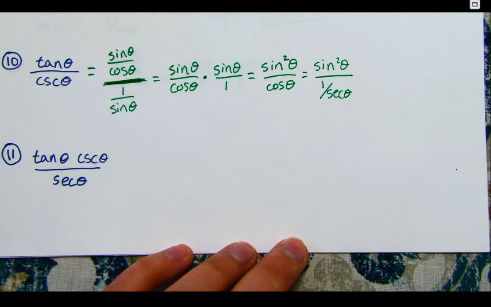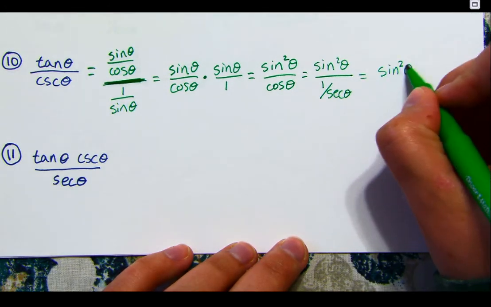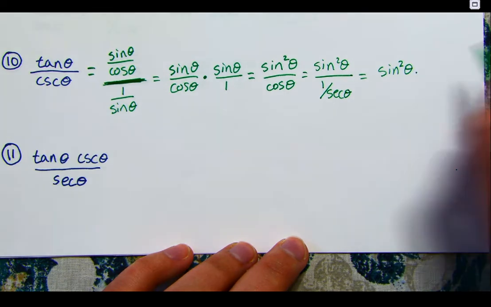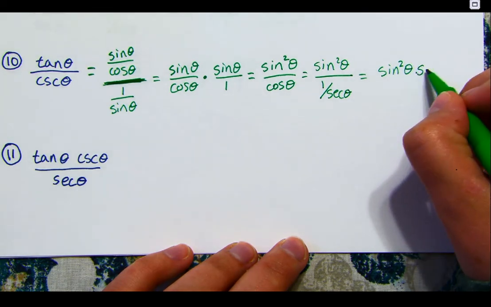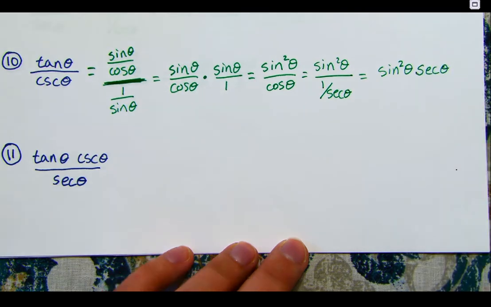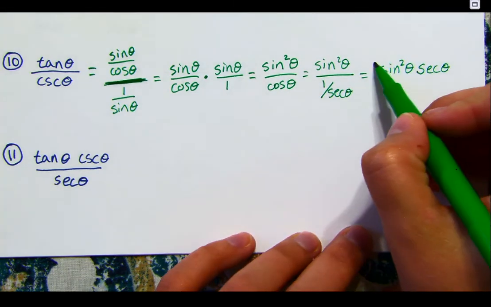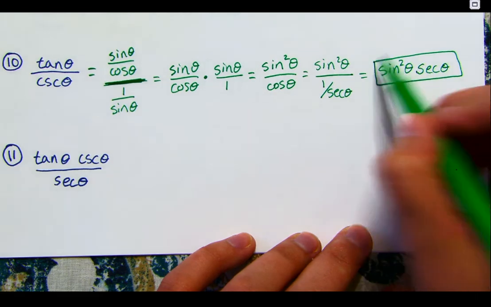And then I'm going to multiply by the reciprocal. So sine squared theta times secant theta, and it would technically be over 1, but I'm not going to write that because at this point this would be considered my simplified answer.